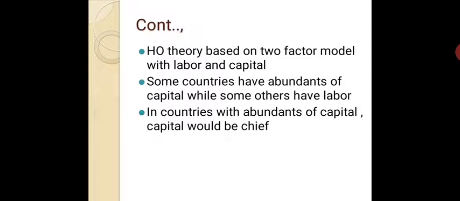In countries with abundance of capital, capital would be cheap. There are different modern theories of international trade: factor endowment theory, new trade theory, international product life cycle, and national competitive advantage theory.